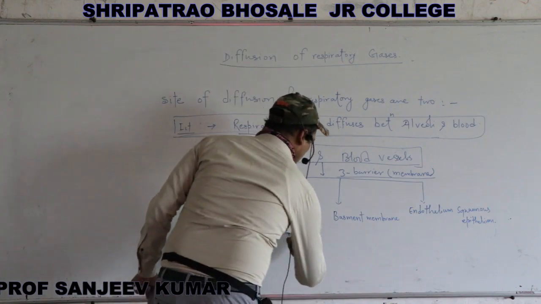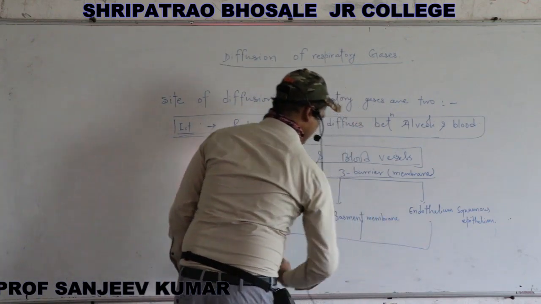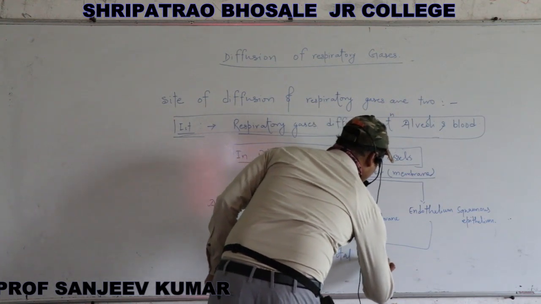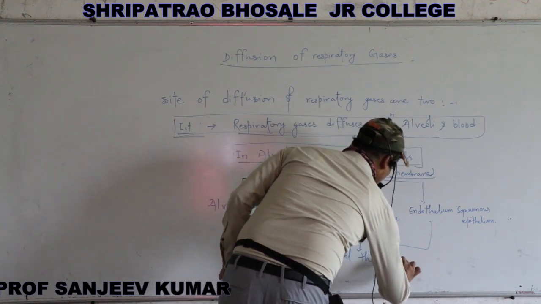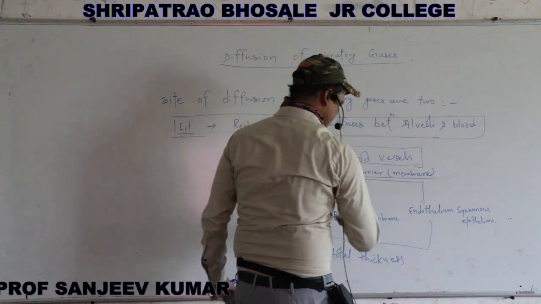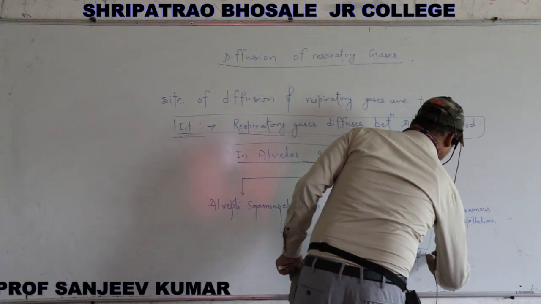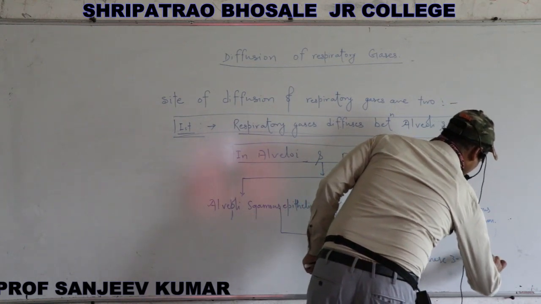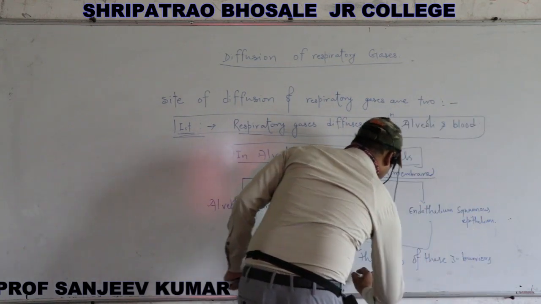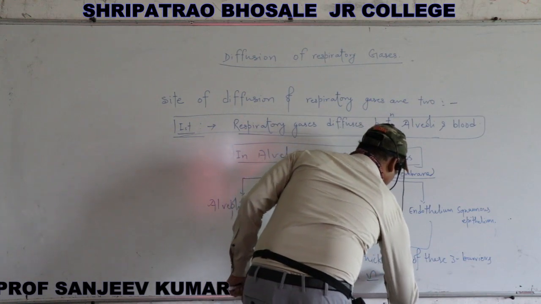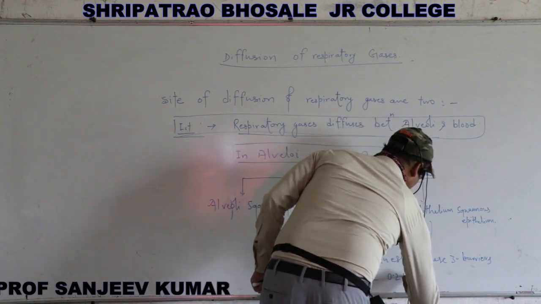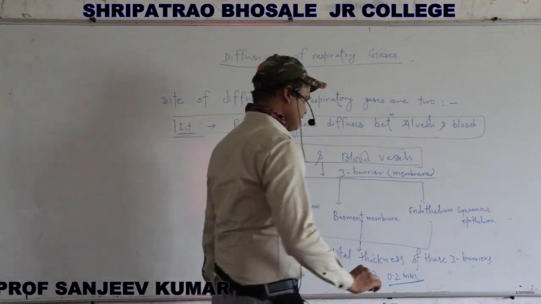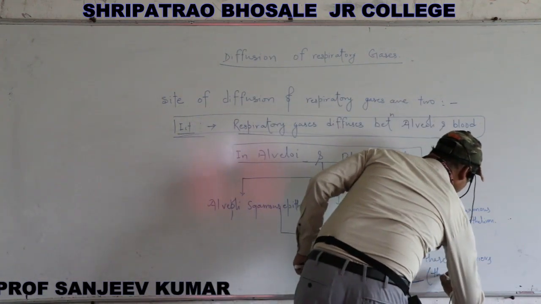So the total thickness of these three membranes, these three barriers, is approximately 0.2 millimeter. So it is a thin membrane.